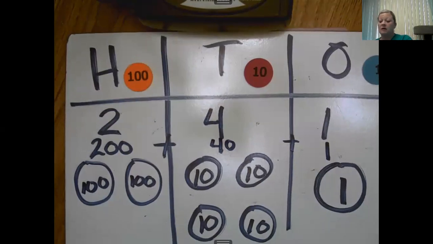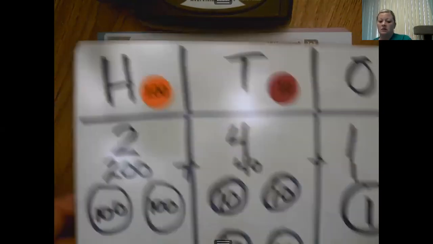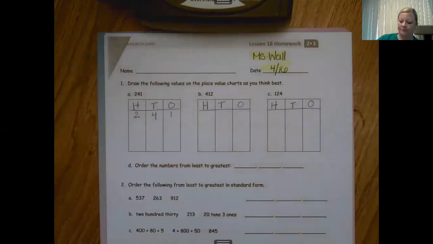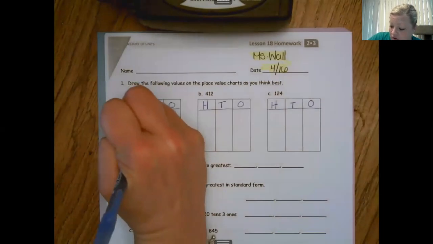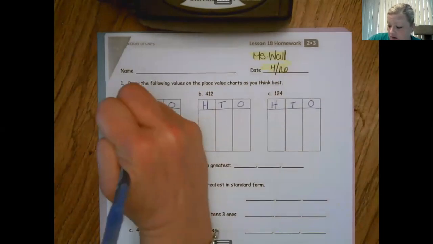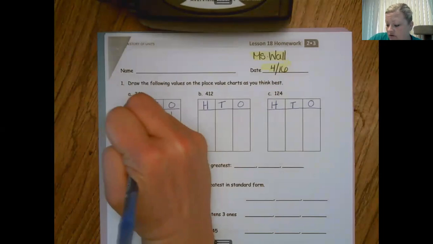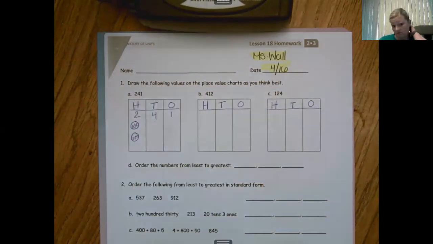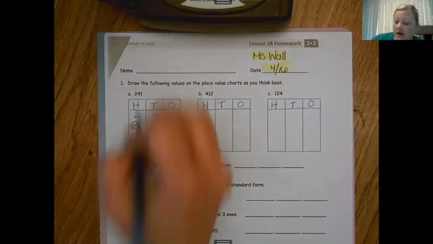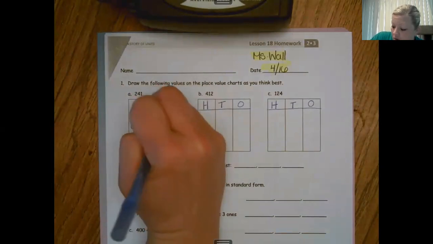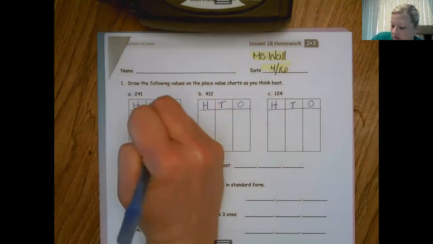So now I'm going to take my picture and copy it here. So I'm going to draw 2 hundreds and write the hundreds. And then I'm going to draw my 4 tens.